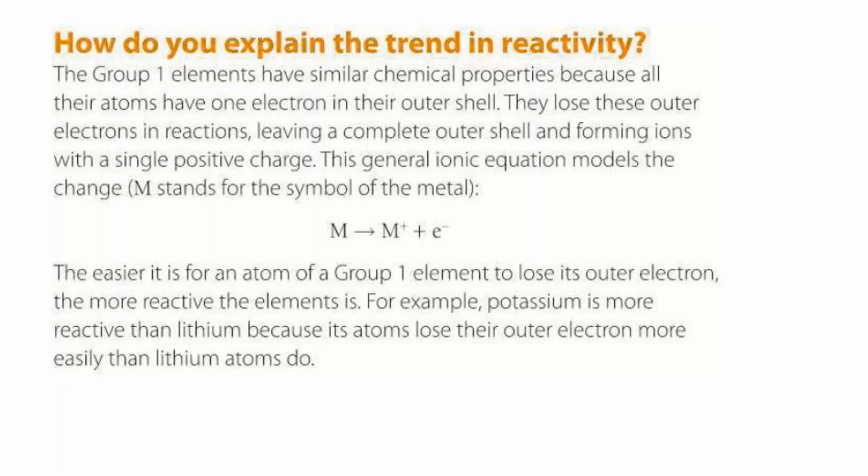For example, potassium is more reactive than lithium because its atoms lose their outer electron more easily than lithium atoms do. When it loses the electron, the alkali metal atom becomes ionised, gaining a positive charge as the electron is removed from the atom.